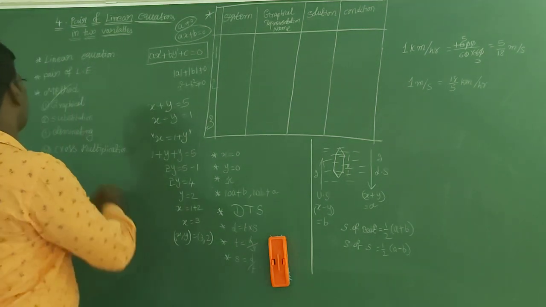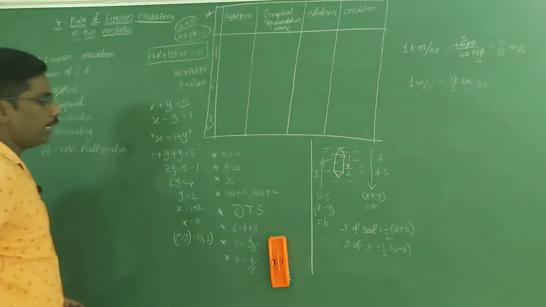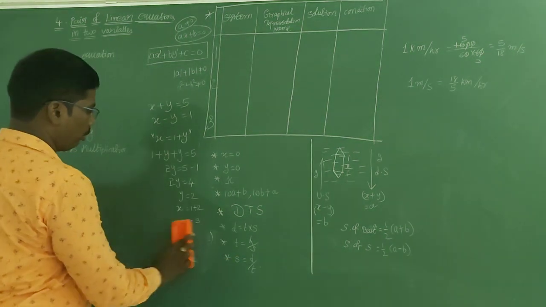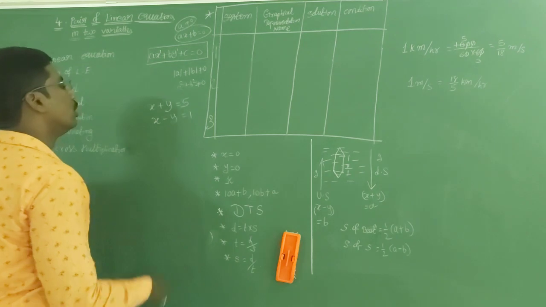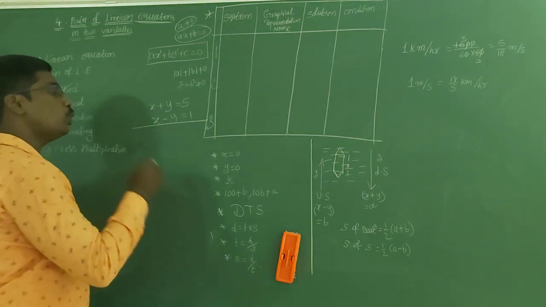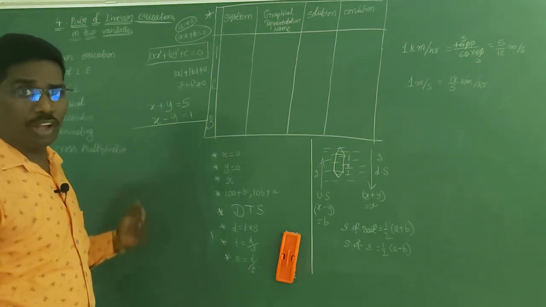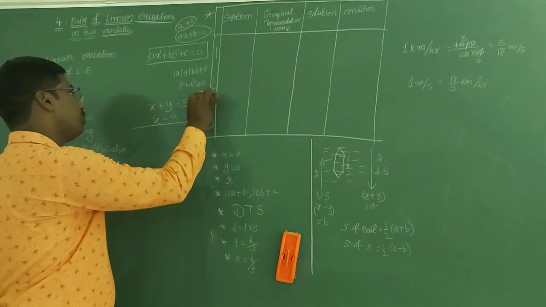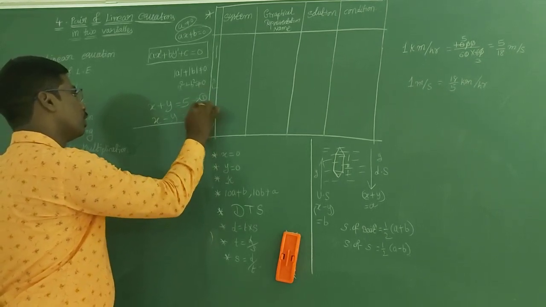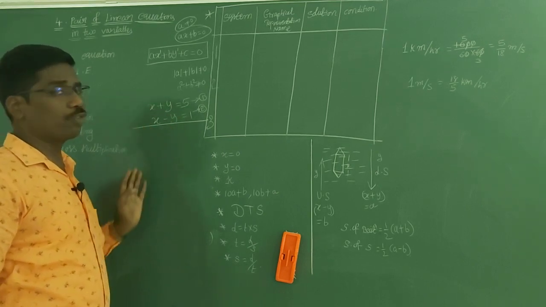One more method is there, that is eliminating method. Now, I will do eliminating. Eliminating means you have to eliminate either x or y. In this I am giving equation 1 and equation 2. For this no problem, because the coefficient is 1.